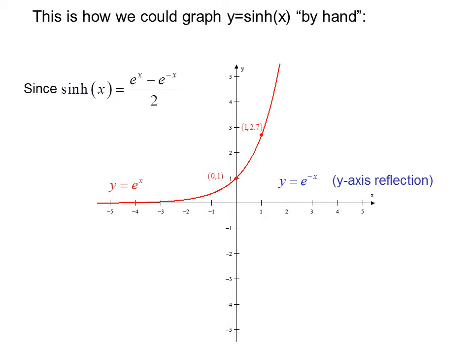Y equals e to the negative x is a y-axis reflection of our previous graph, but our definition includes a negative sign. So y equals negative e to the negative x is now an x-axis reflection. So it's an x-axis and a y-axis reflection.